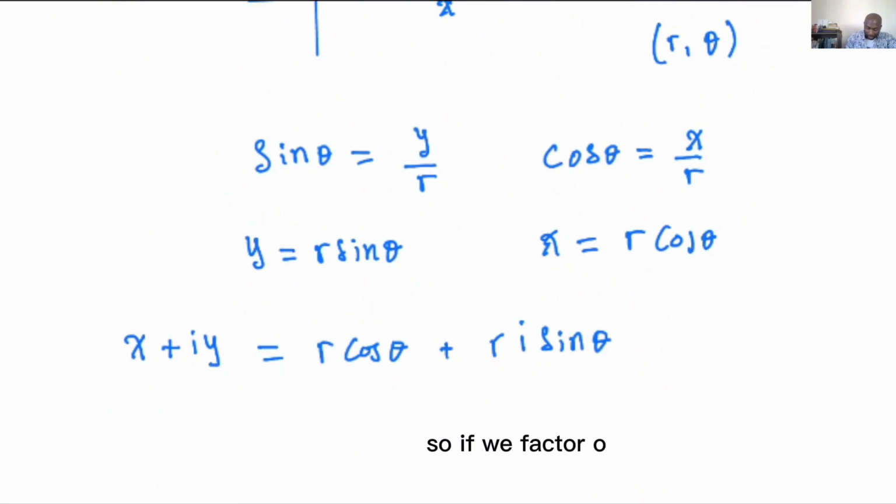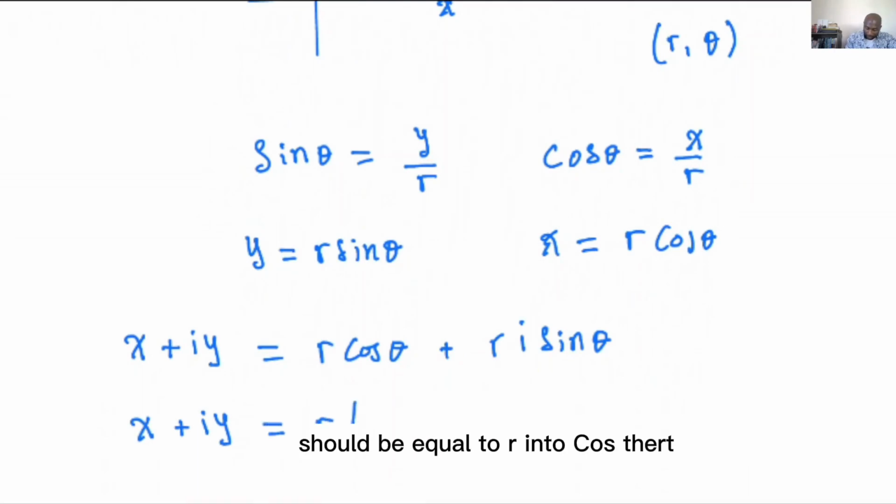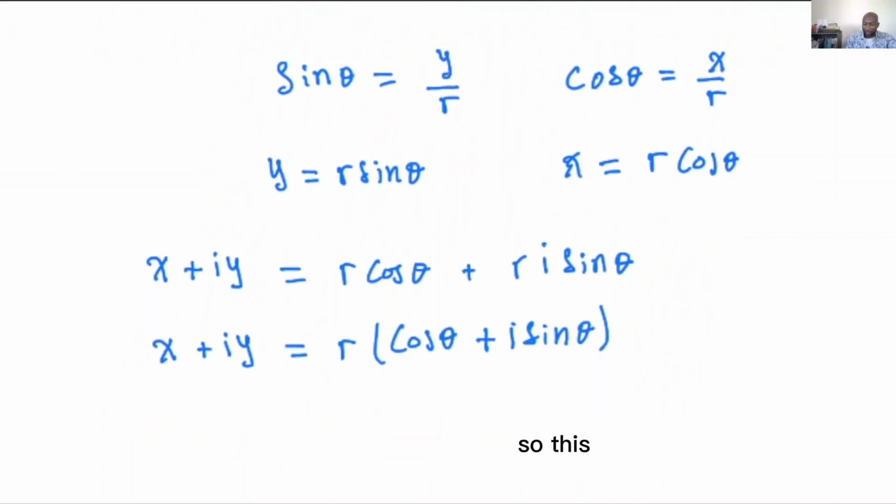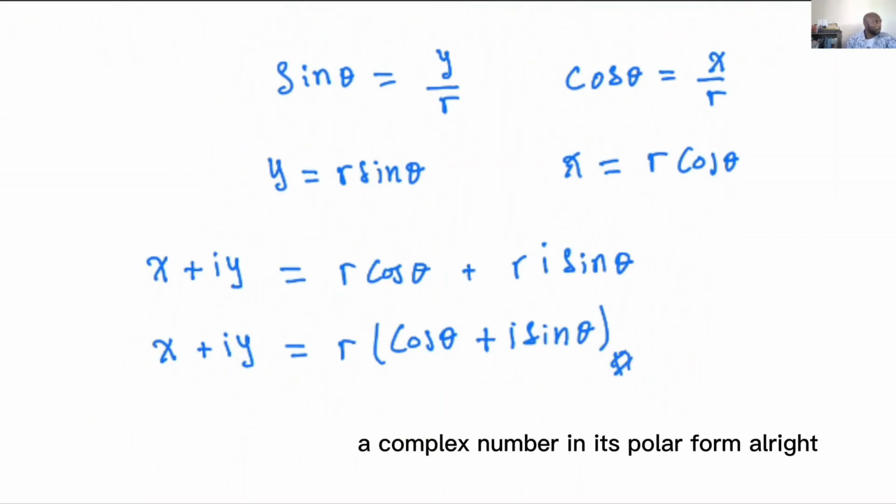So if we factor out r, x plus iy should be equal to r into cos theta plus i sine theta. There you go. So this is how we write a complex number in its polar form.